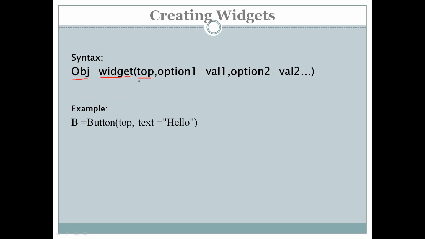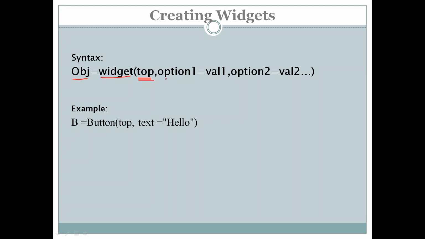The first parameter, which is important here and compulsory, is the top level window object. We need to create a top level window first, and that top level window object needs to be passed here.